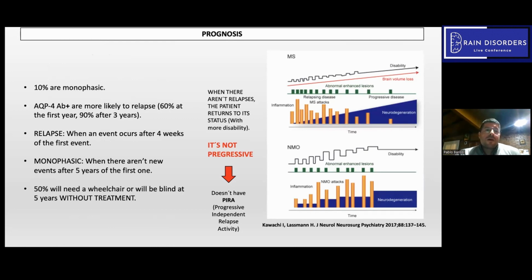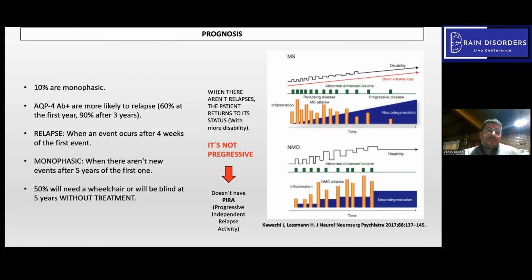So we have 10% are monophasic; aquaporin-4 antibodies positive are more likely to relapse. 60% in the first year could relapse, and 90% after 3 years. It is a lot.